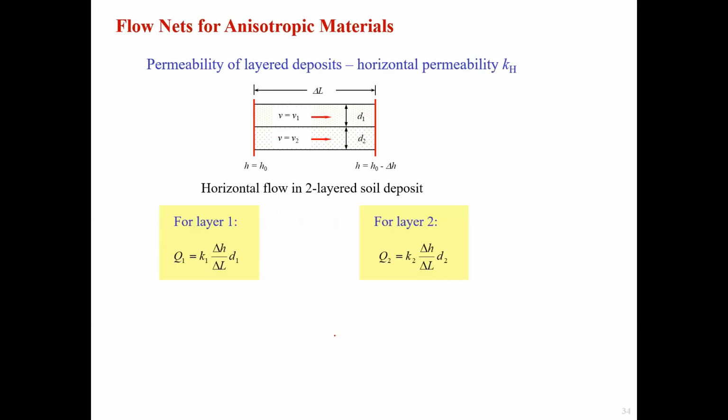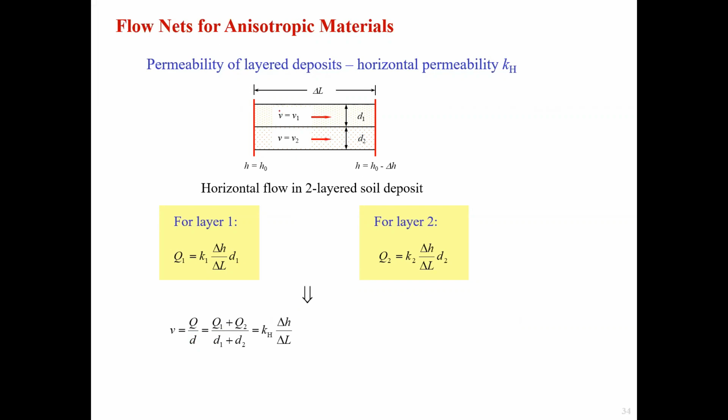So therefore, for the equivalent system comprising layer 1 and layer 2, V equals Q over D, so for the 2-layer system, V equals Q divided by D and equals Q1 plus Q2.